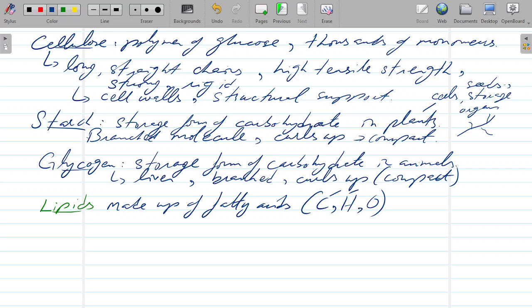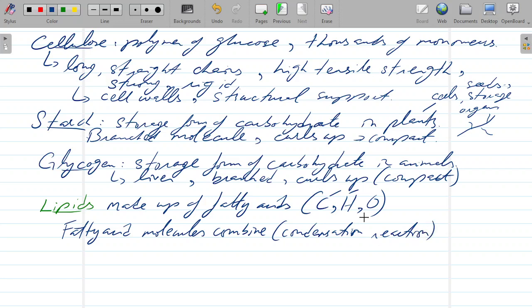And lipids are made when fatty acid molecules combine via a condensation reaction, like what I mentioned for carbohydrates.